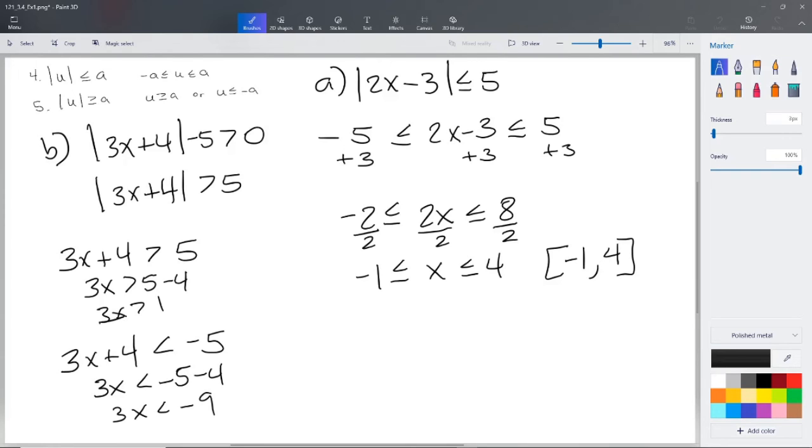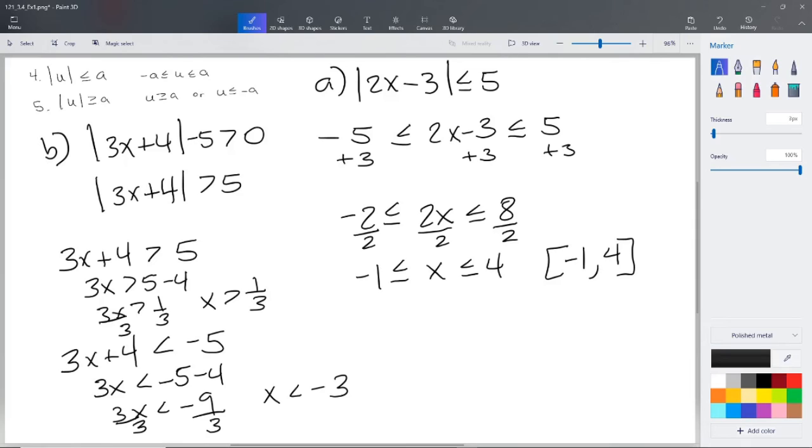Both times we're going to divide by 3. It looks like here x is greater than 1/3. Dividing by 3 here, it looks like x is less than negative 3. So 2 answers, right? Greater than 1/3 and less than negative 3. Again, we want to use interval notation to tell us what the answer for this one is.